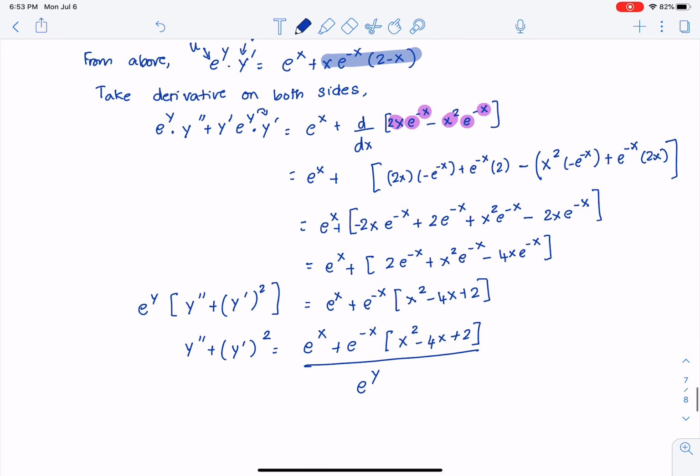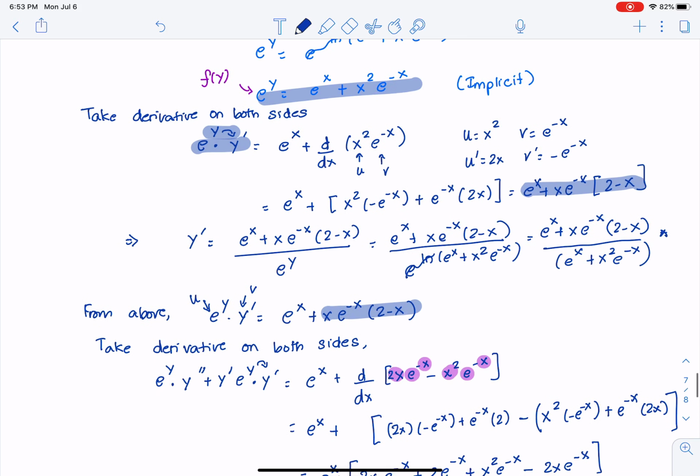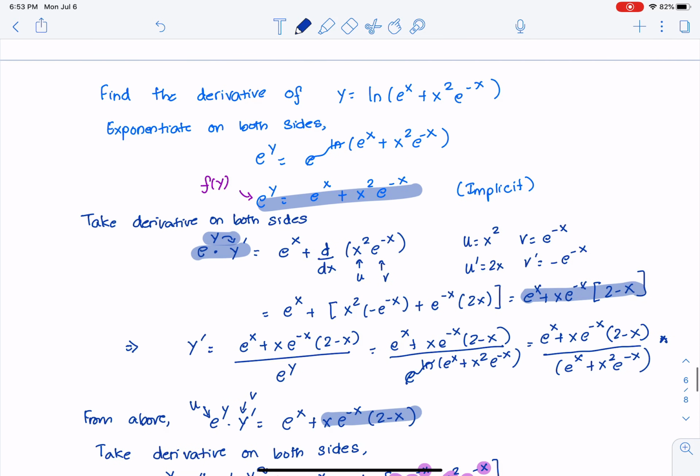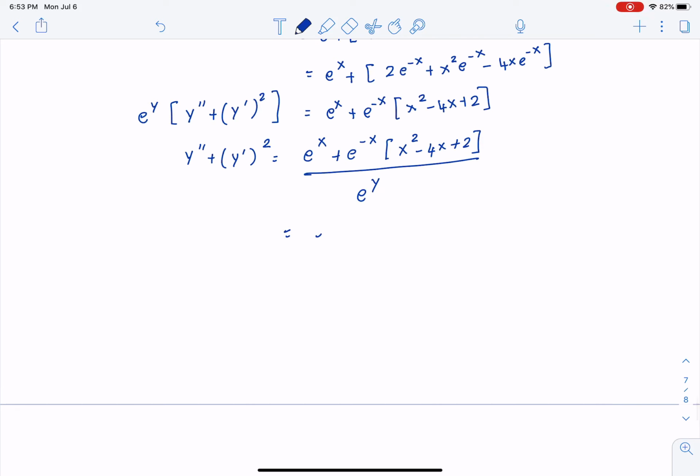I'm going to do what I did with the first derivative. Plug in y, which is ln of e raised x plus x squared e raised negative x.